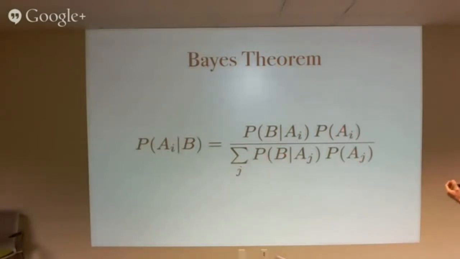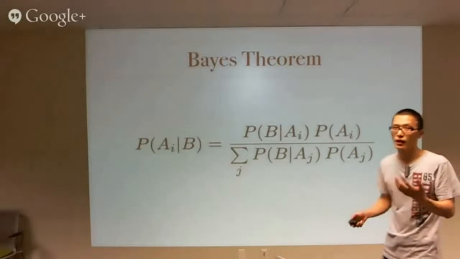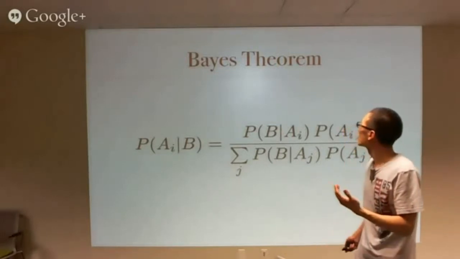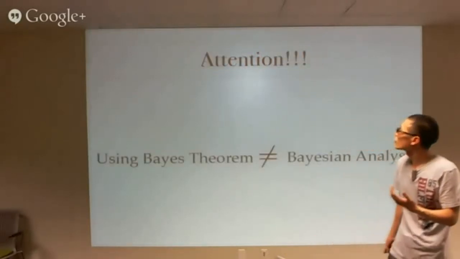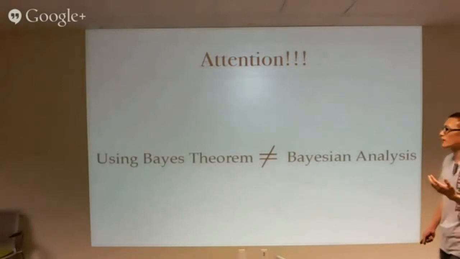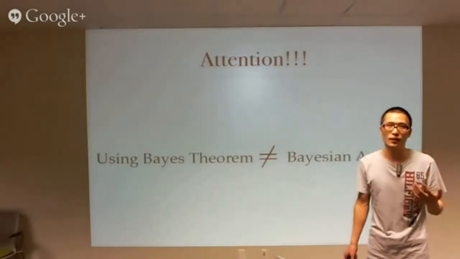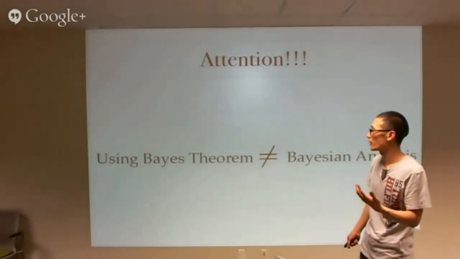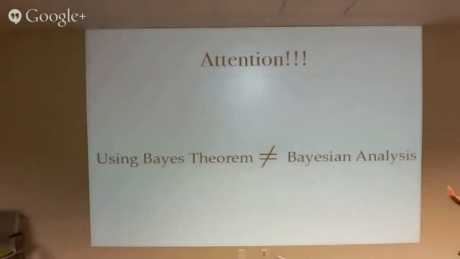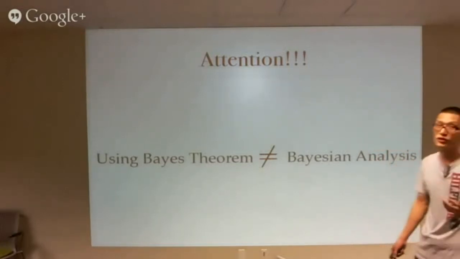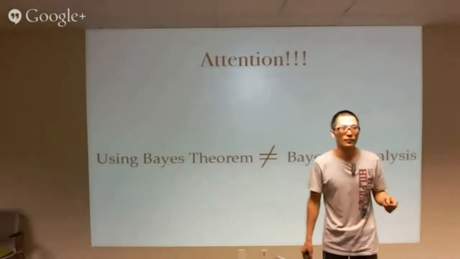This is the prior probability, and this is the likelihood, which I will introduce later. But Bayesian analysis is different from just using Bayes' theorem. Bayesian analysis is not just using Bayes' theorem.